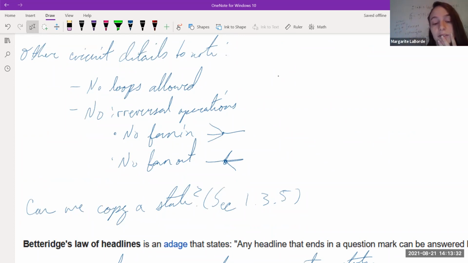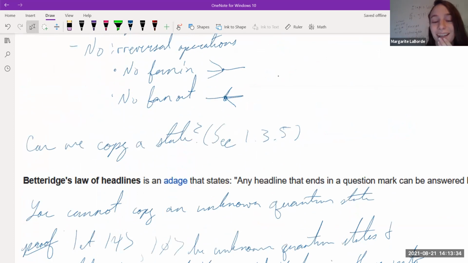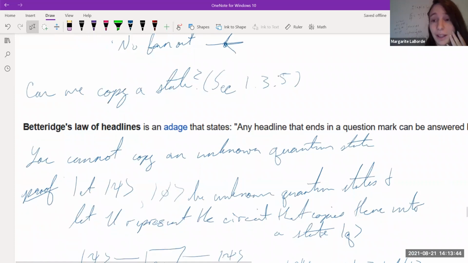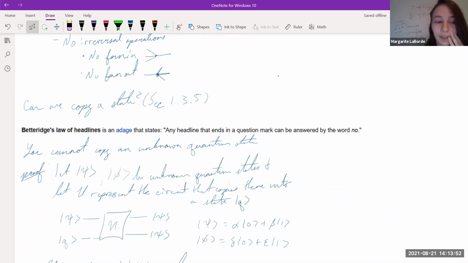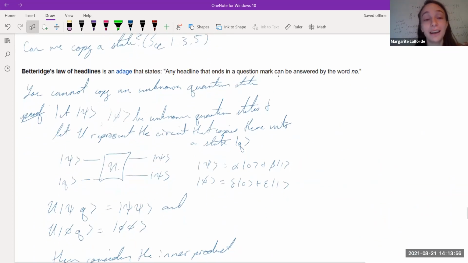So the second one leads to the question posed by section 1.3.5, which is state copying circuits. And that still counts as a question. So Betteridge's law of headlines applies, which says that any headline that ends in a question mark can be answered by the word no. So can you copy an unknown state? It's actually very fundamental that you cannot.